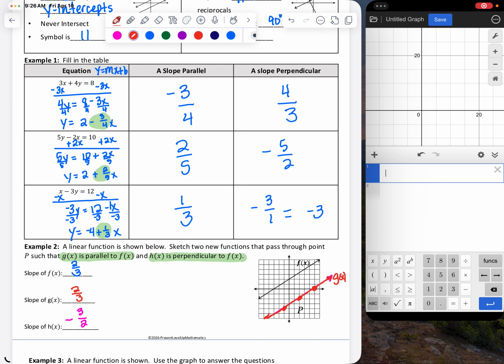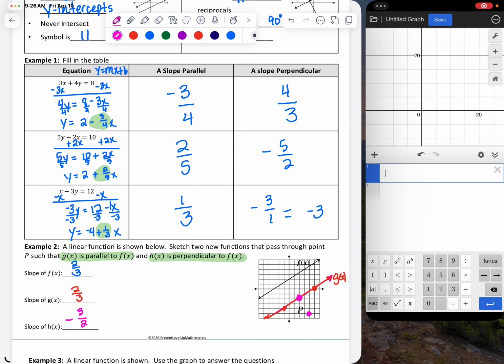Okay. Now I'm going to make a new line. I'm going to make it pink. I also want it to start at point P, so let me fill in point P again. But this time, I want this new line to have a slope of negative 3/2. So it's going to start at point P and go down 3, right 2. I can't go any more that direction, so let's go the opposite way.